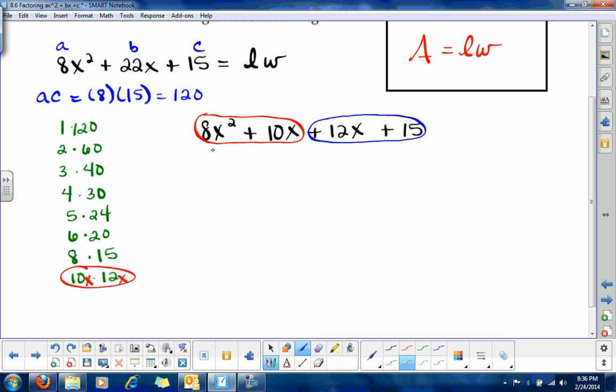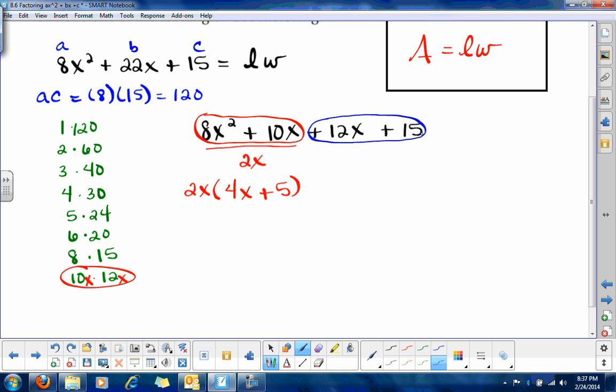So here we've got 8x squared plus 10x. We can factor out 2x. So the 2x goes on the outside, and what's left on the inside? Well, 8 divided by 2 is 4, x squared divided by x is x, and 10 divided by 2 is 5, and then the x's cancel.